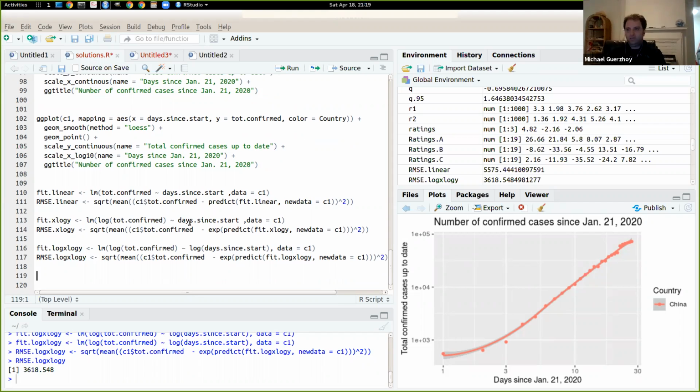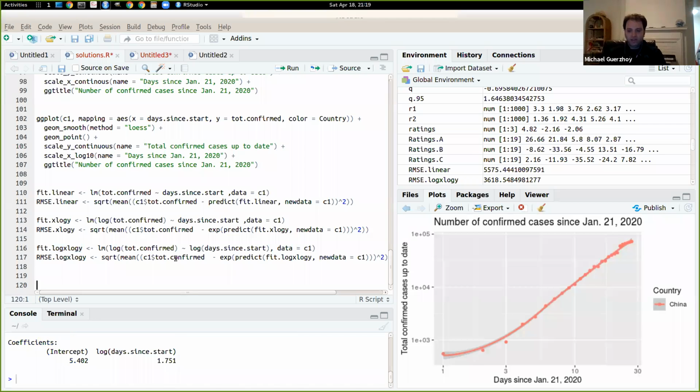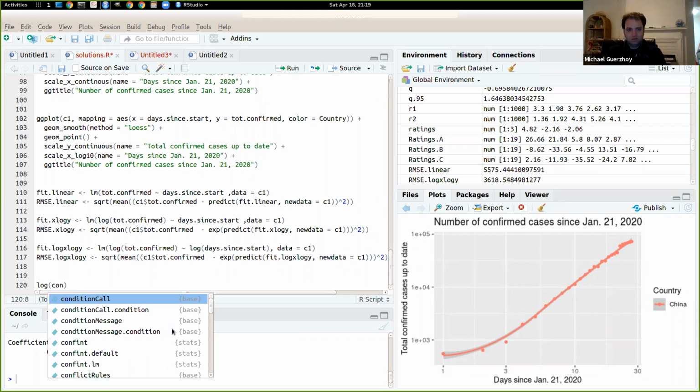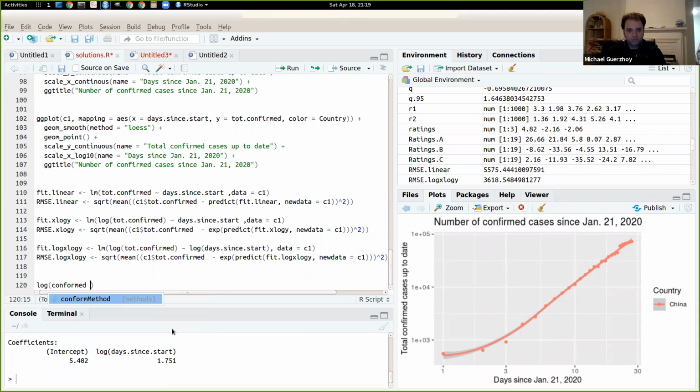Okay. So we now need to say, okay, what's the formula here? So this is fit log x log y. So the formula is log of confirmed, do it as a comment, is equal to 5.4 plus 1.75 times log of days.